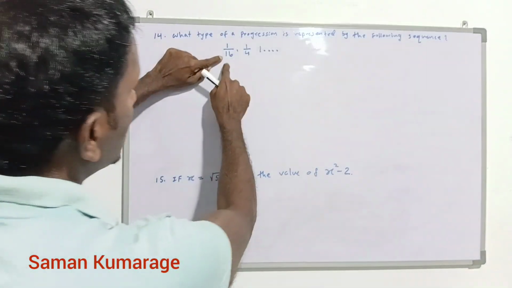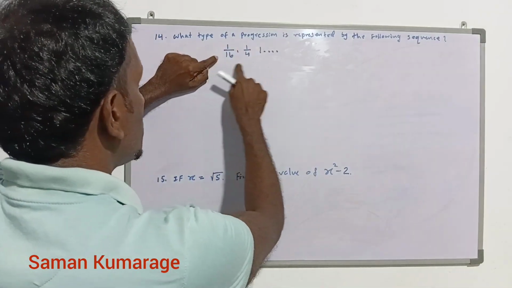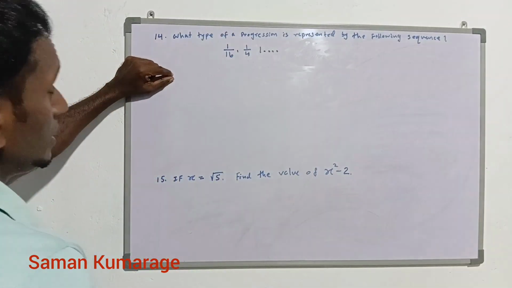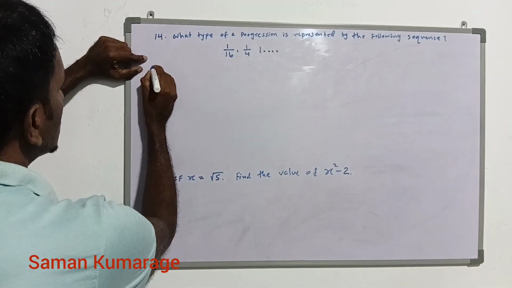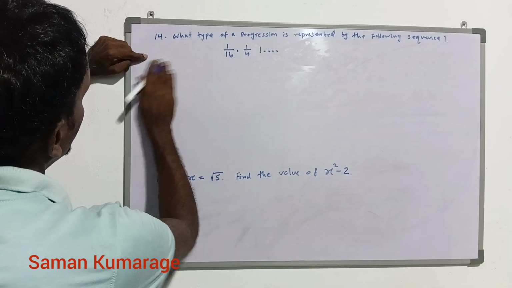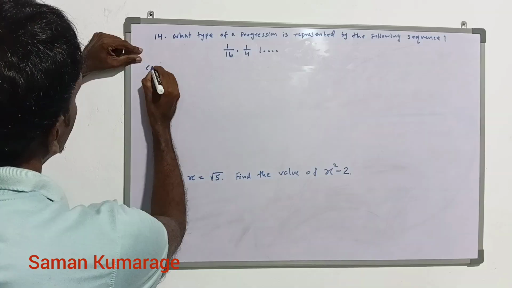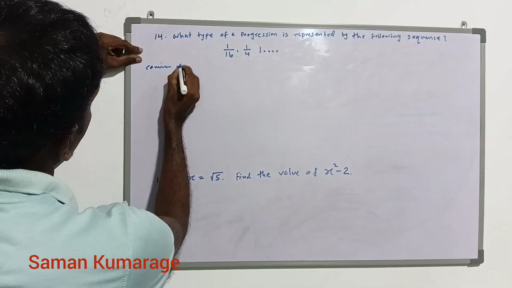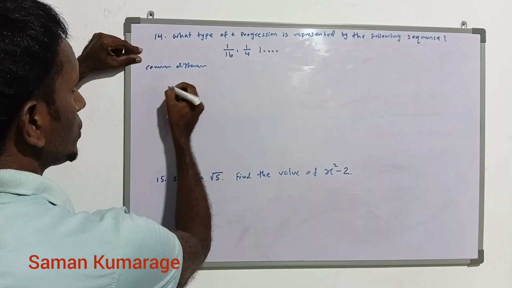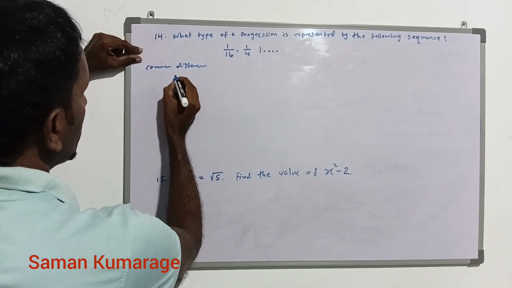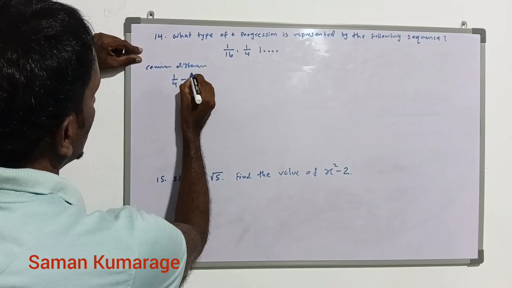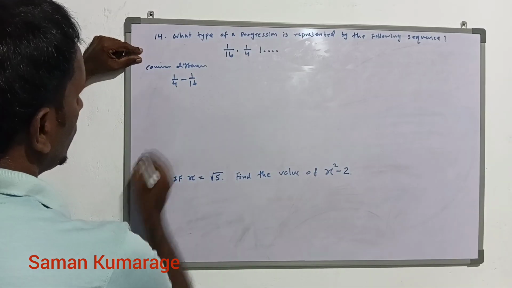So if we take these two terms, we have to subtract 1 over 16 from 1 over 4.